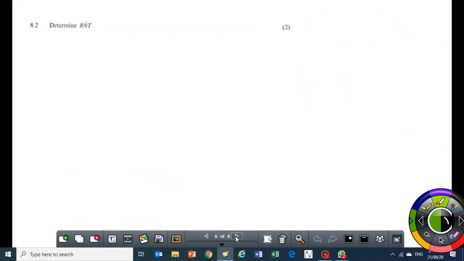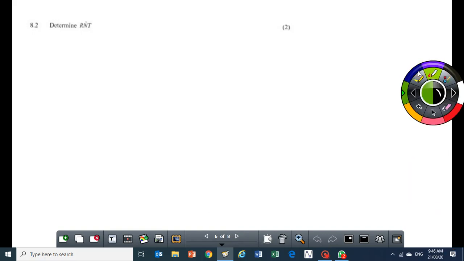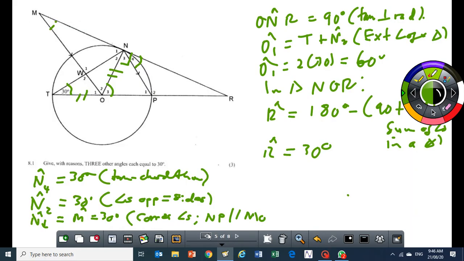Then quickly, let's do this one here. Determine RNT. Now, this one is very easy. We want that angle there, this angle.